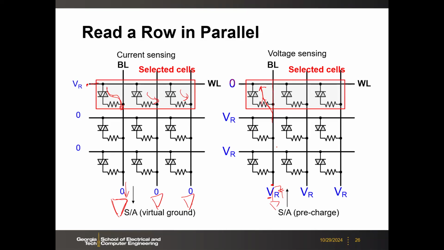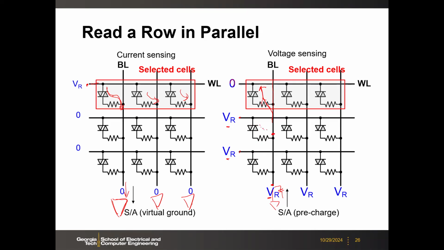And then to minimize the currents from other unselected rows, you can bias those unselected rows to be the same read voltage. But still, there could be some contribution from the other rows, because this bit line will decay, so it will be lower than VR.